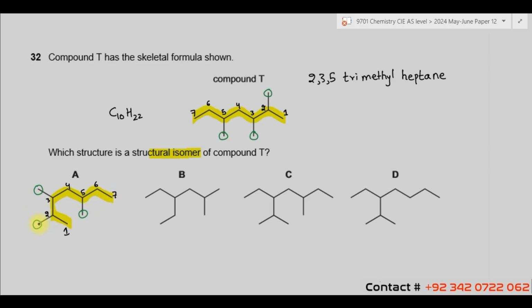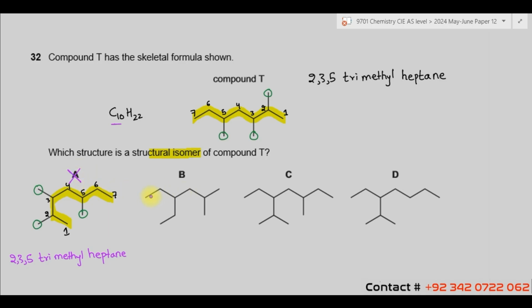Methyl group is on second one, third one, and fifth one, so it is 2, 3, 5-trimethylheptane. We can also look at number of carbon atoms. There are 7 carbon atoms in long chain and 3 carbons in substituents. So 7 and 3 is 10. It is similar to this one, but as the name is same, it is the same compound.